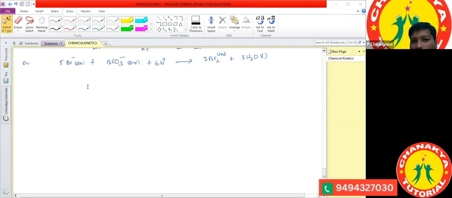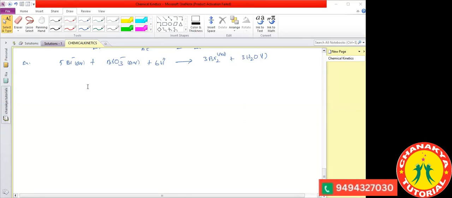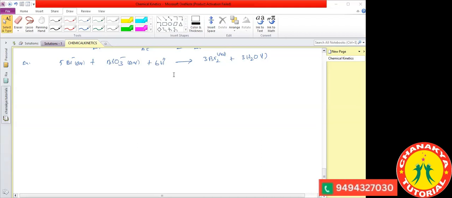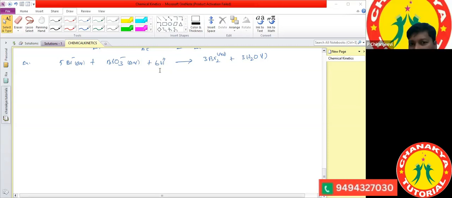And what is the stoichiometric coefficient of BrO3 minus? 1. Okay. What is the stoichiometric coefficient of the H plus ions? 6. Whatever number is there before the ion, that becomes the stoichiometric coefficient.